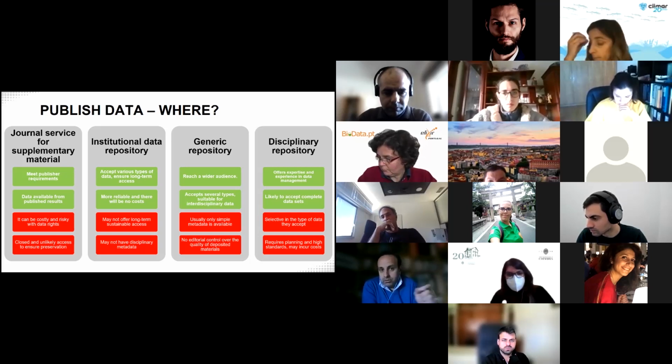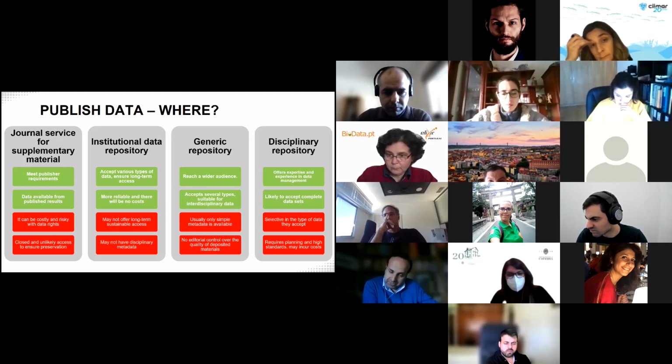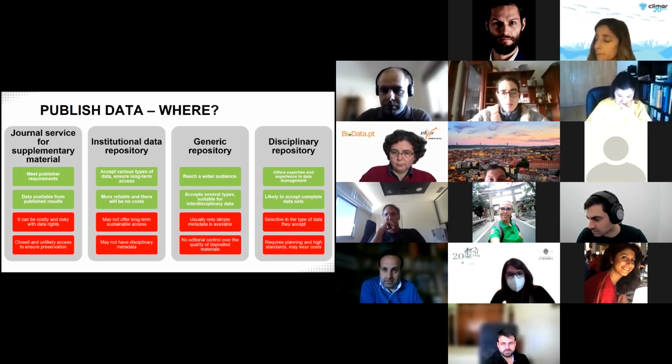An institutional repository is not equal to poor metadata, so we can have rich metadata, but in some cases they are not as rich as some of the disciplinary repositories.